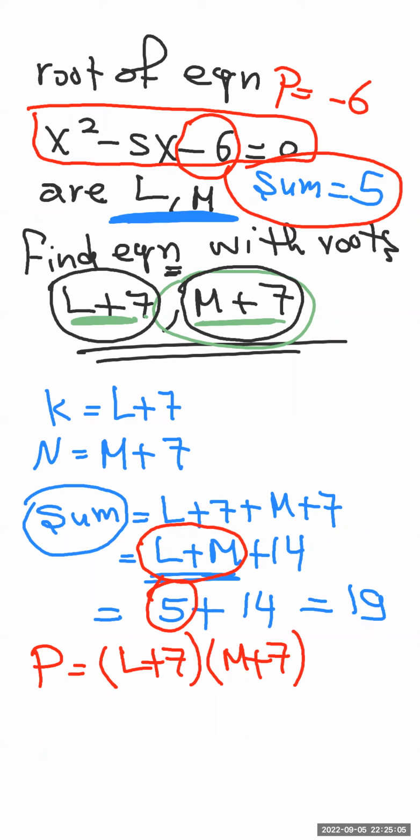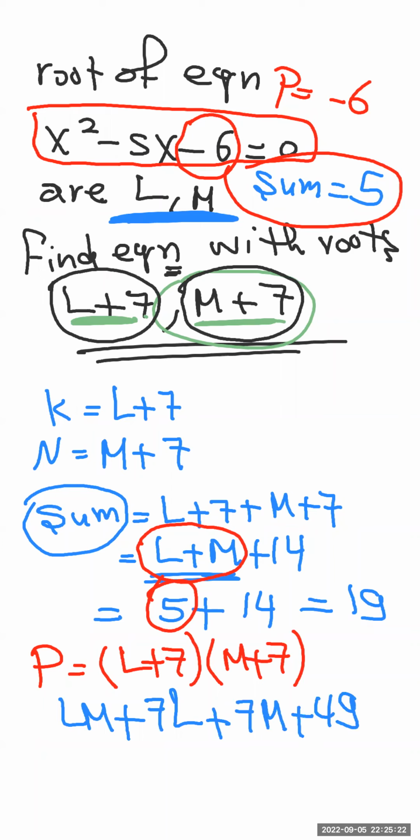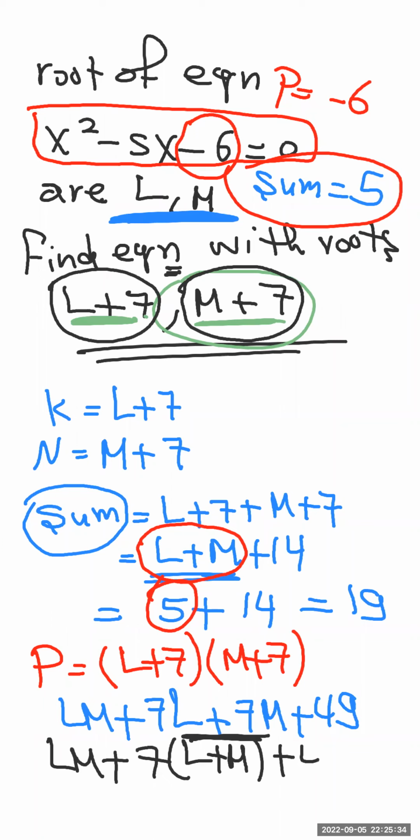Now multiply the two brackets: LM plus 7M plus 7L plus 7M... sorry, LM plus 7L plus 7M plus 49. Okay, LM plus, there is a 7 common factor, so 7 times (L plus M) plus 49. I'll continue here.